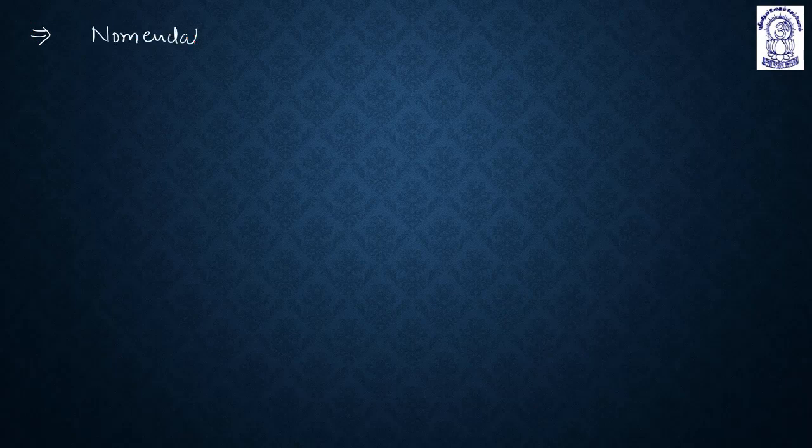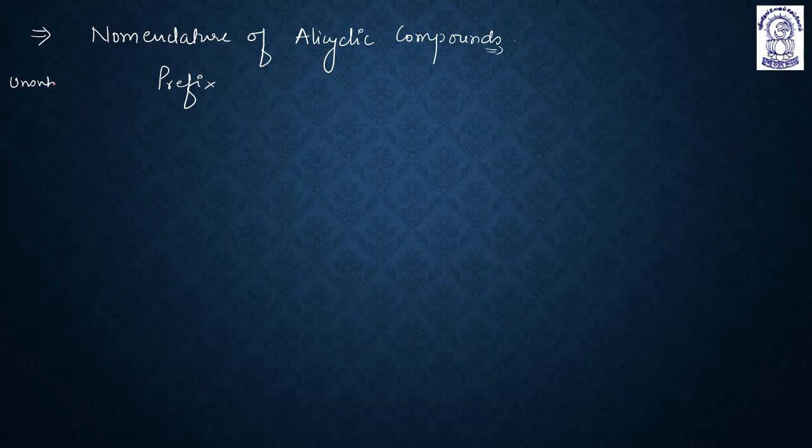Now we are going to discuss nomenclature of alicyclic compounds. For unsubstituted alicyclic compound, when there is no substitution, only chain is there, you have to use prefix, then word root, then suffix.